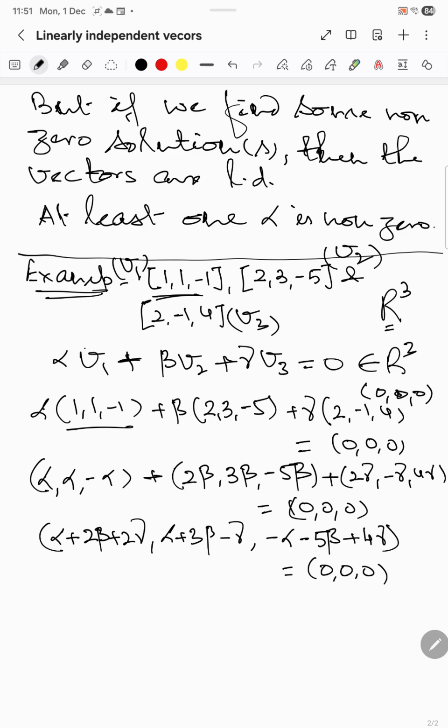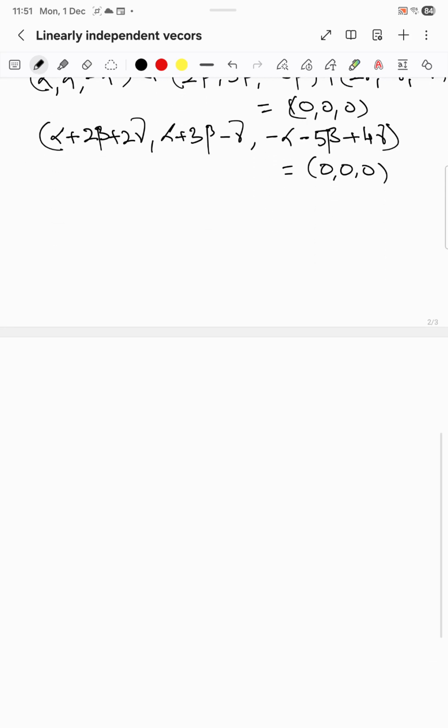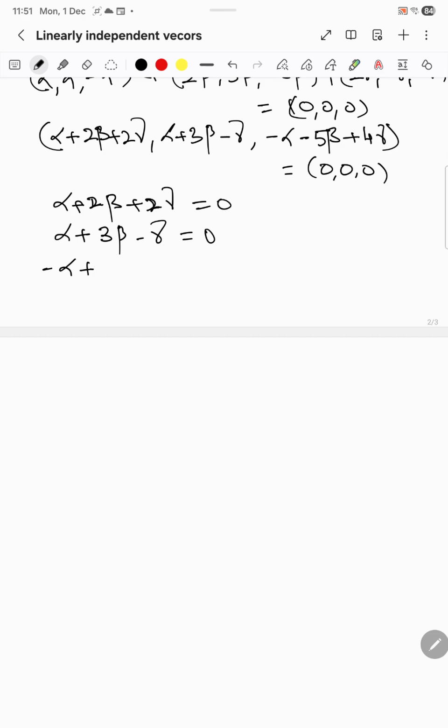When you put it equal to 0, we have a homogeneous system of linear equations: alpha plus 2 beta plus 2 gamma is equal to 0, alpha plus 3 beta minus gamma is equal to 0, minus alpha minus 5 beta plus 4 gamma is equal to 0.